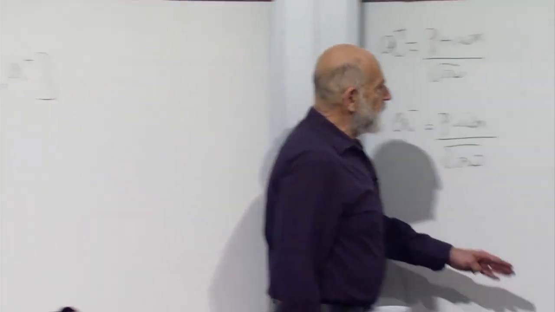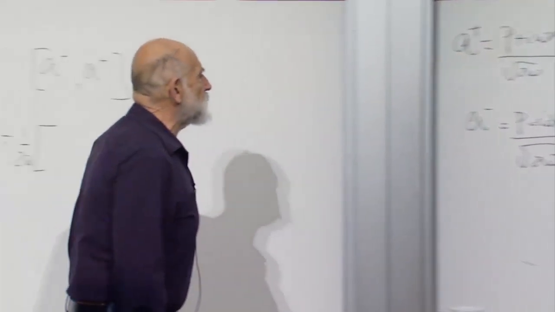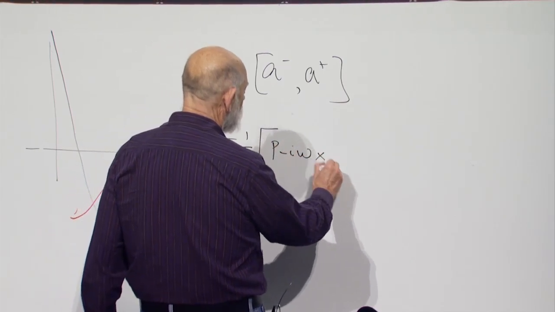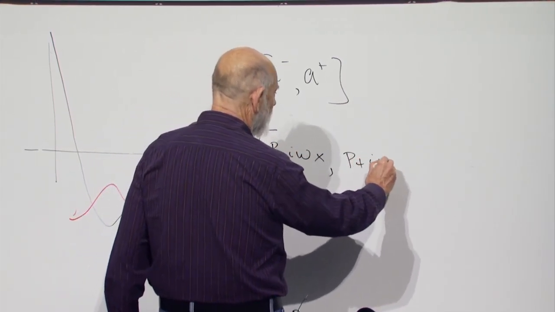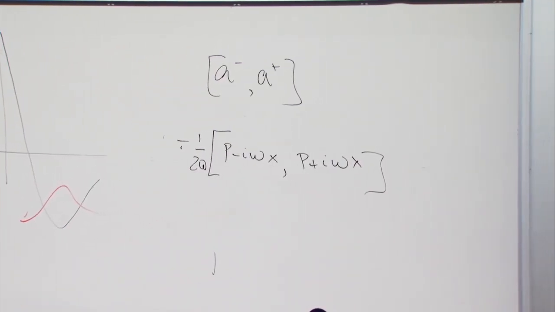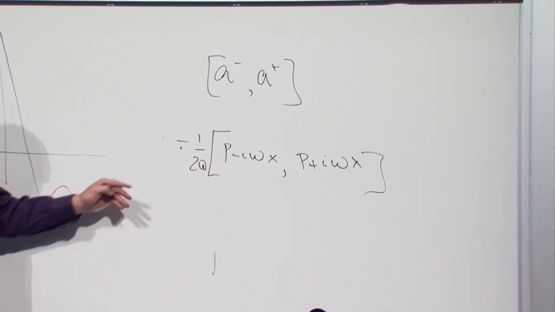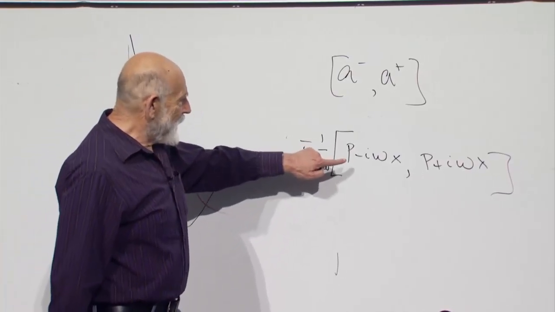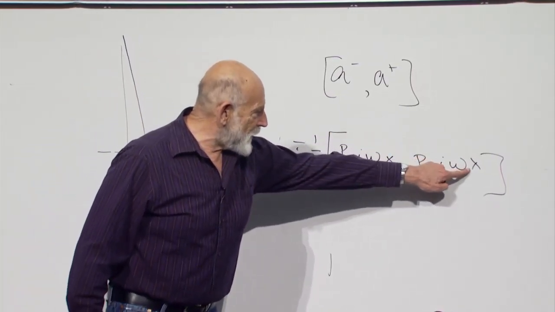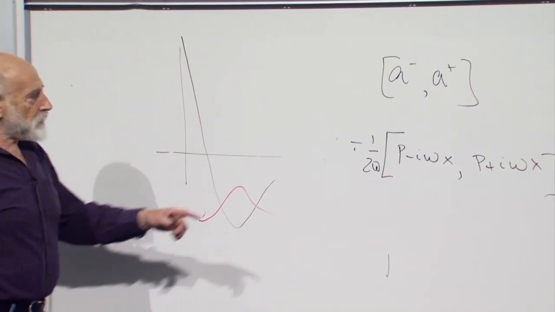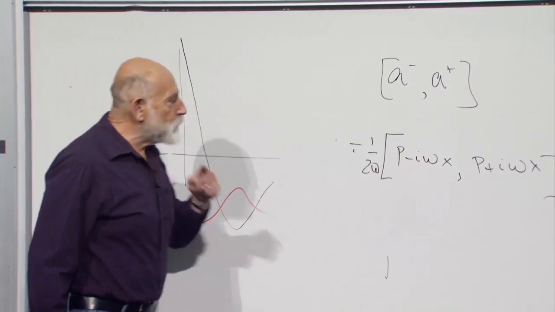And then there's going to be the commutator of P minus i omega x with P plus i omega x. Now, who commutes with who here? Or who doesn't commute with whom? All right. P doesn't commute with X, and X doesn't commute with P. That's all. X commutes with X, and P commutes with P.